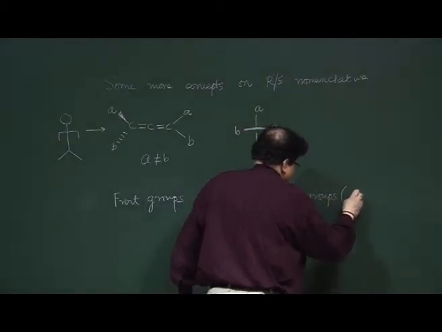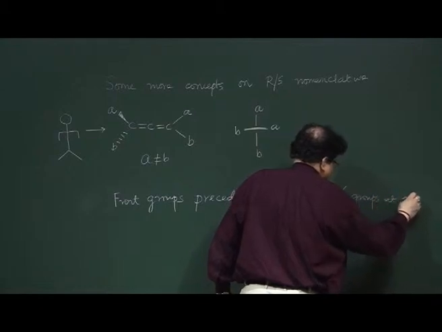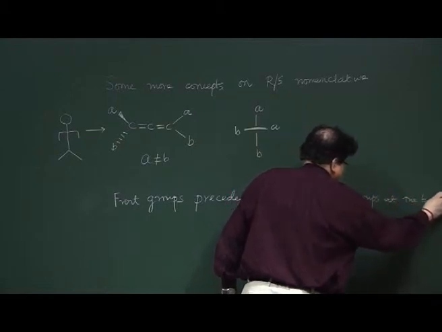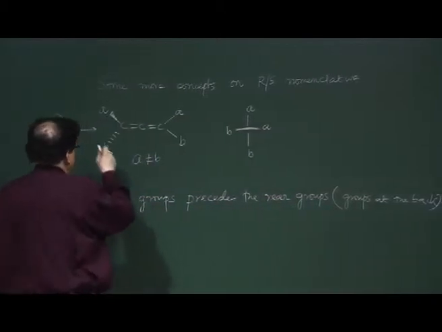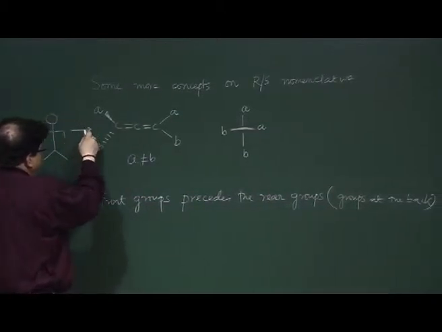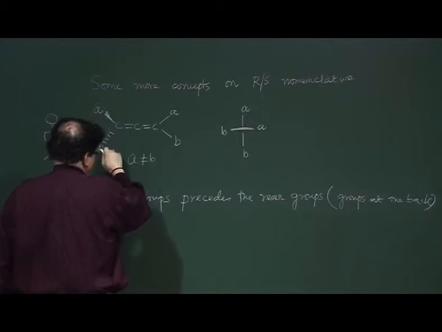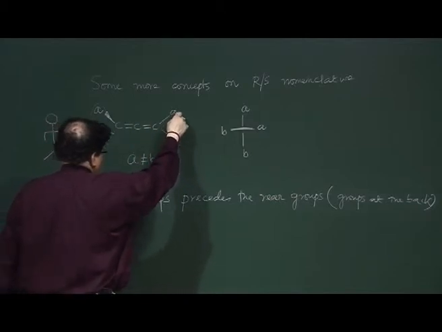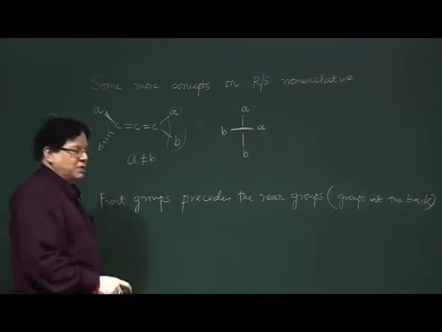That means the groups at the back. So, if you apply this rule, because you are looking from this side, these A and B will take higher precedence because they are the front groups than these groups A and B, because they are in the rear position. Okay.